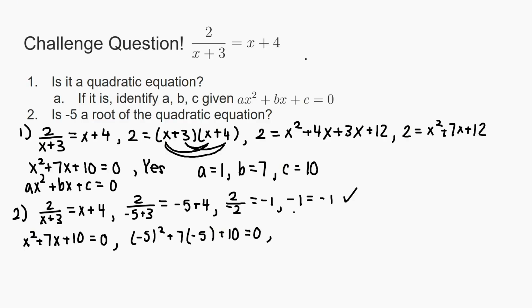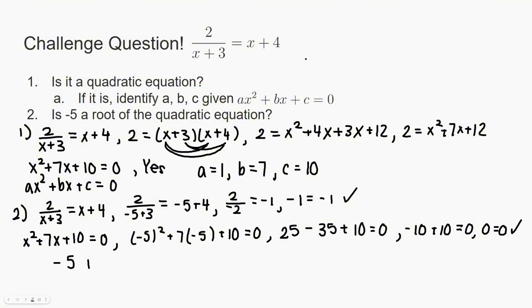We have -5 squared, which is 25 because the negatives cancel out when there's 2 of them. And then we have 7 times -5, which is -35. We have plus 10 equals 0. We have -10 plus 10 equals 0. 0 equals 0, which means that -5 is a root.